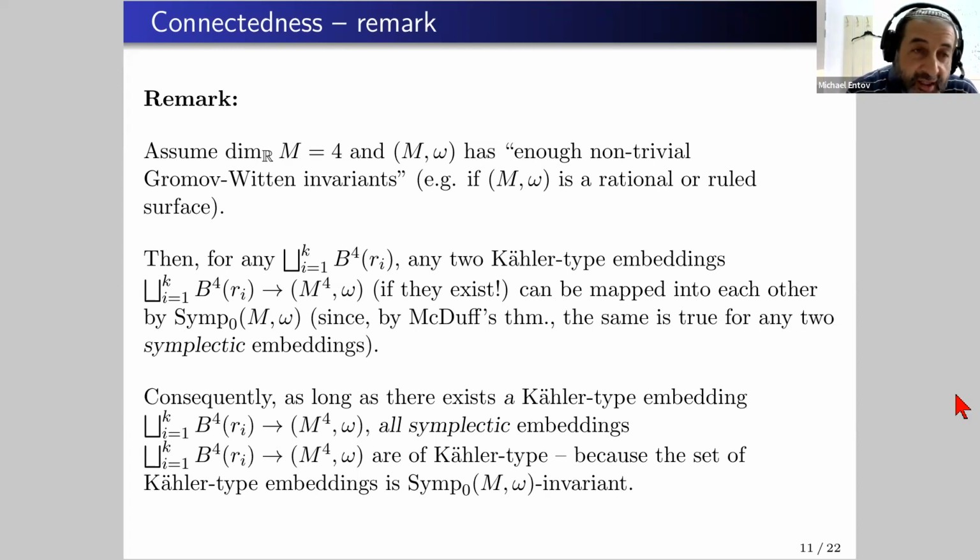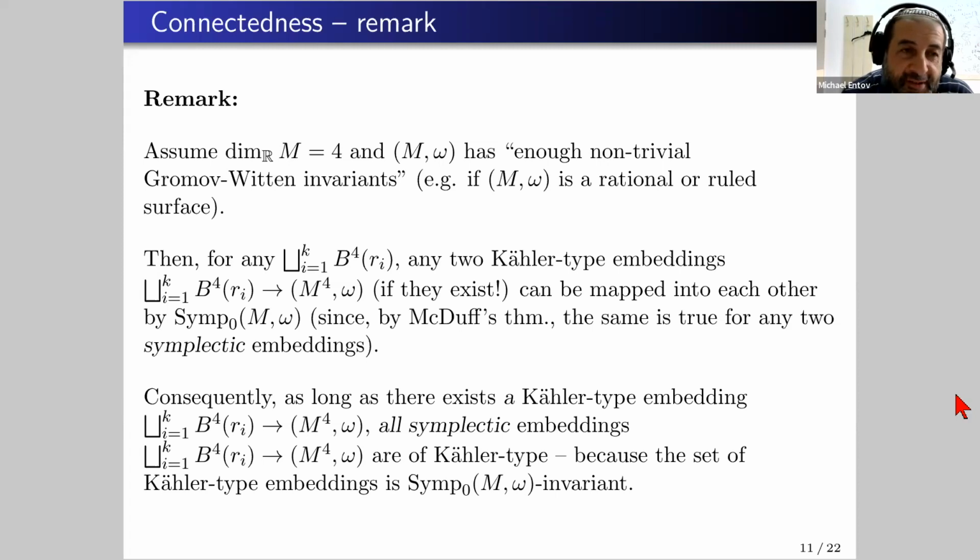Assume for a particular collection of balls, you know that there exists some Kähler-type embedding of this collection of balls into M as in McDuff's theorem. Then any other symplectic embedding of the same collection of balls will also be of Kähler-type, because it lies in the same symplectomorphism orbit, and the symplectomorphism action preserves this Kähler-type property.